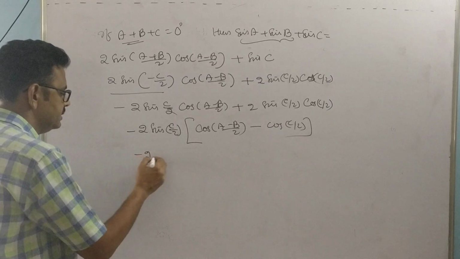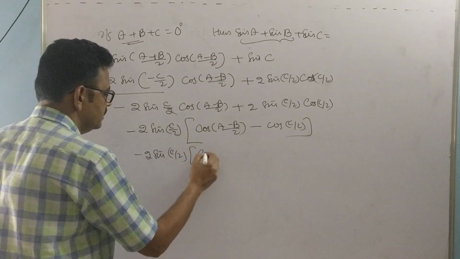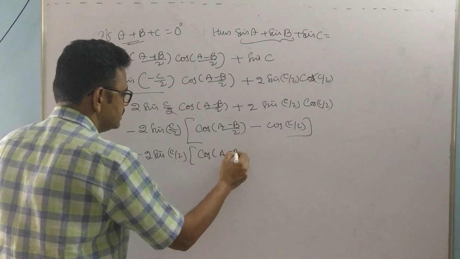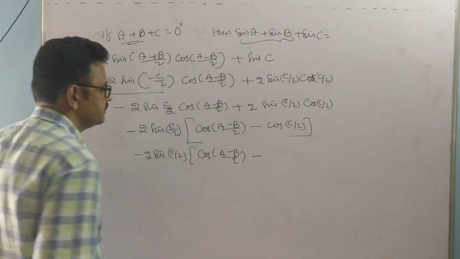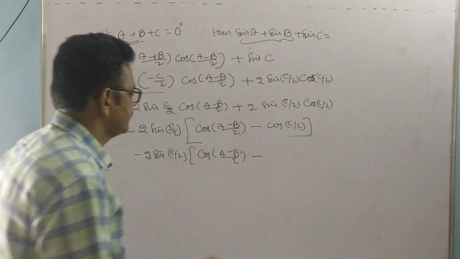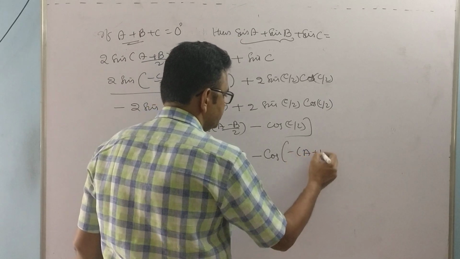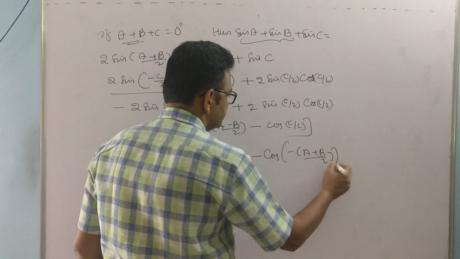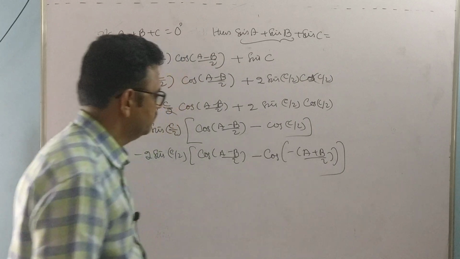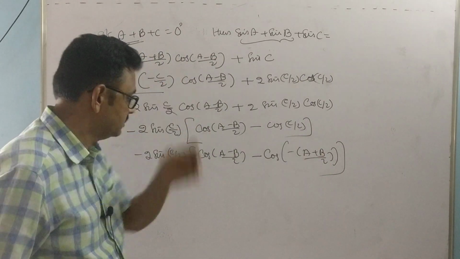So this is minus 2 sin c by 2 into cos of (a minus b) by 2 minus cos c by 2, where c is equal to minus of (a plus b). So this is cos of minus of (a plus b) by 2. Now, cos of minus theta equals cos theta.